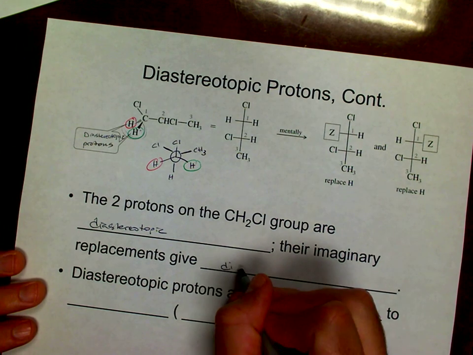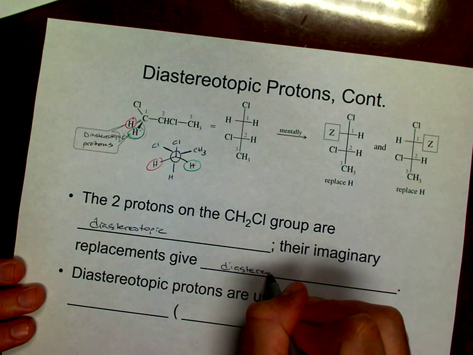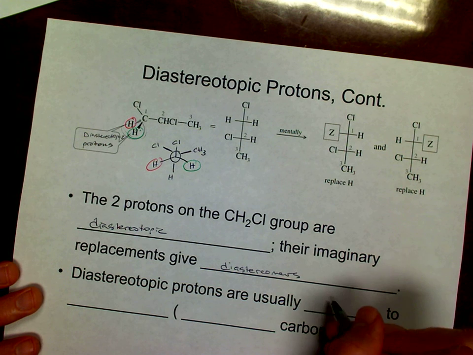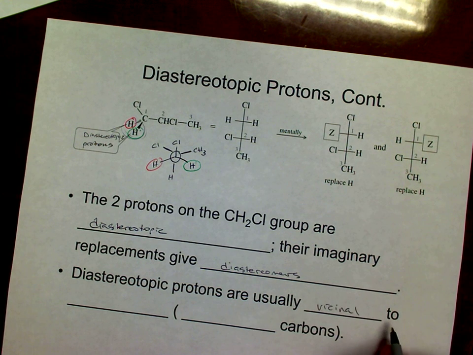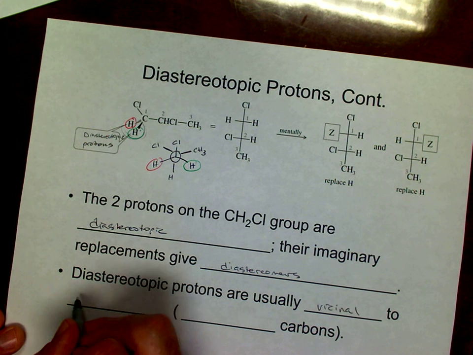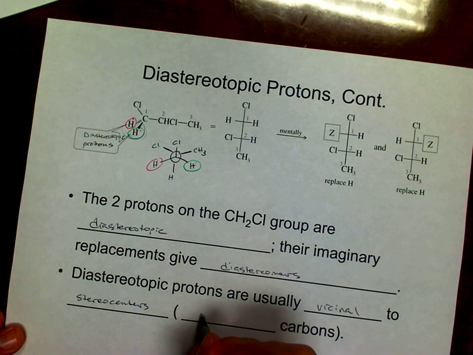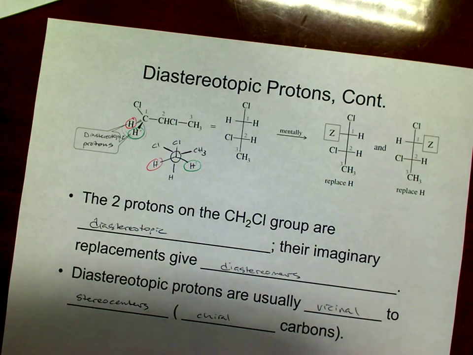Their imaginary replacements give diastereomers. Diastereotopic protons are usually vicinal to stereocenters, chiral carbons. Okay, so that explains what's going on.